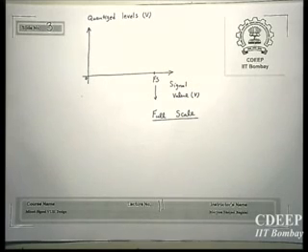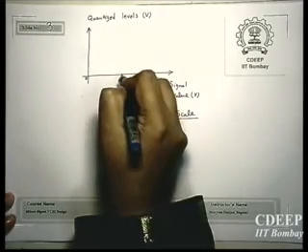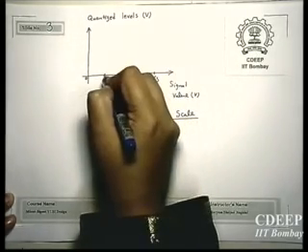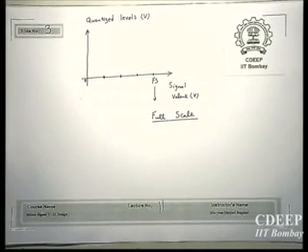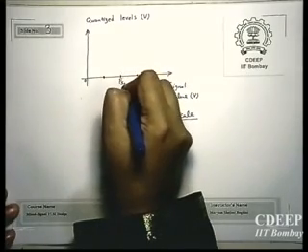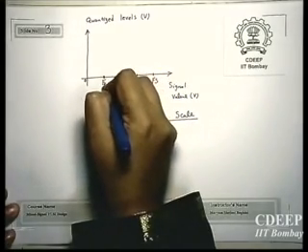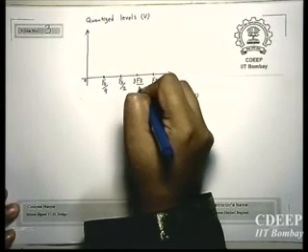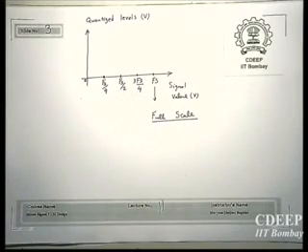Now I want to introduce 4 quantized levels in this domain, so I divide it into 4 parts. So now I have these 4 quantized levels.